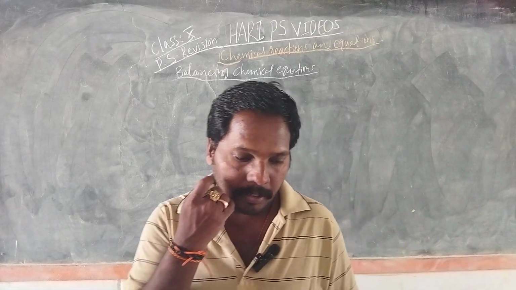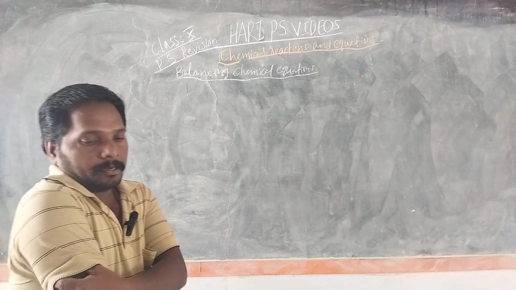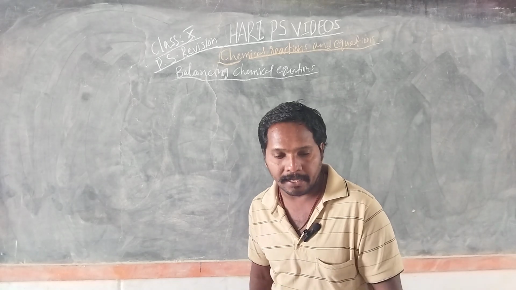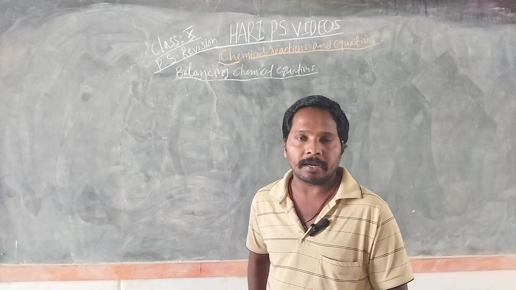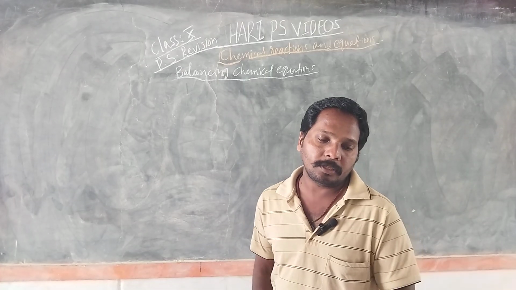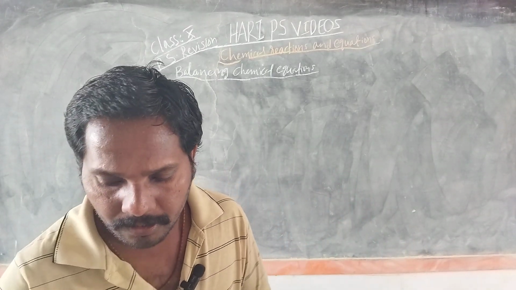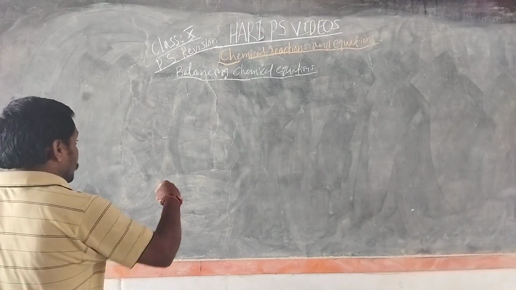The first step is to write the chemical reaction in the form of a word equation, with reactants on the left side and products on the right side. The second step is to put the symbols and formulas. Let us discuss with examples.